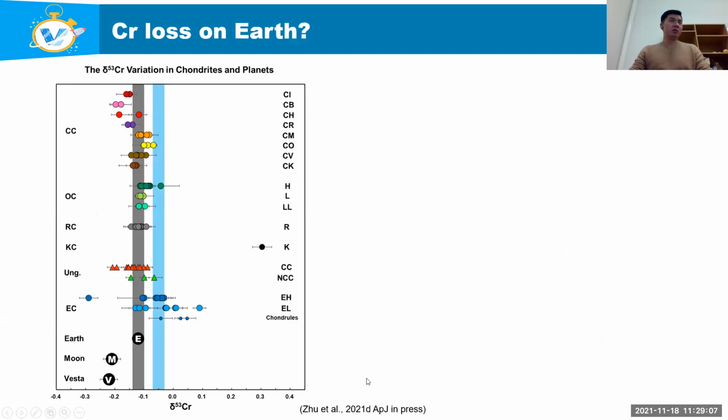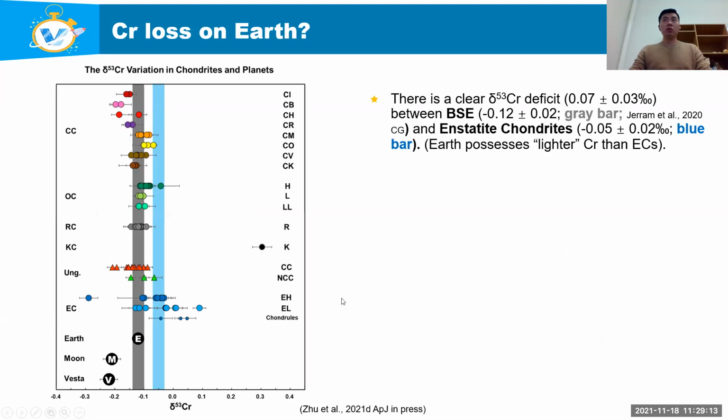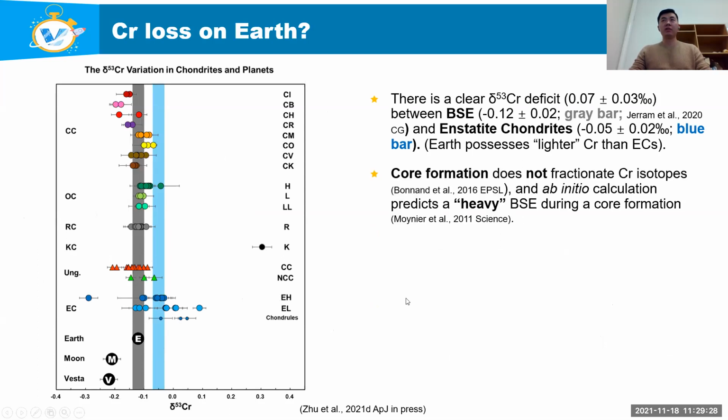And I also used the chromium stable isotopes to study the chromium loss on Earth. We can focus on the two bars. The blue bar represents the average chromium stable isotope composition for enstatite chondrites, and the gray bar is for bulk silicate Earth.